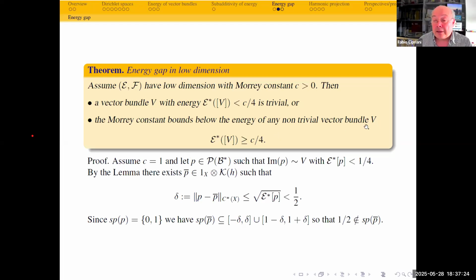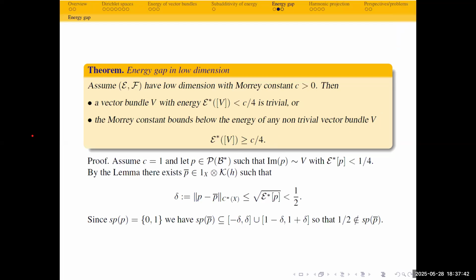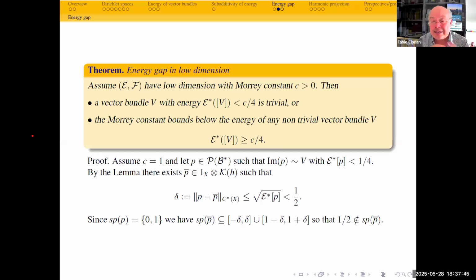If the vector bundle is non-trivial, its energy cannot be strictly less than this fraction of the Murray constant. In this sense, we verify that in low dimension, using the Murray inequality, this definition of energy is sensible about the triviality or not of the bundle, of the class of the bundle.